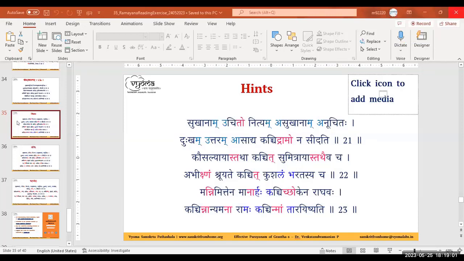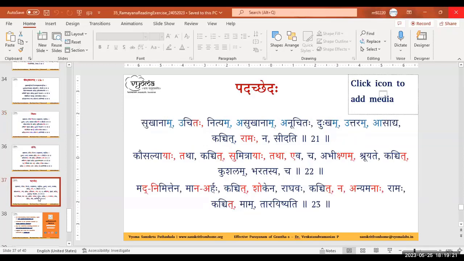Could you repeat the question? The question is this: I have seen in shloka 23, mat nimittena, sometimes you are writing mat nimittena, or sometimes mad nimittena. Once the jashatva is done, it is mat nimittena. But if you look at the last one, kachit mam, one time it is the one letter and the other time it is the other. So when do you decide which it would be?